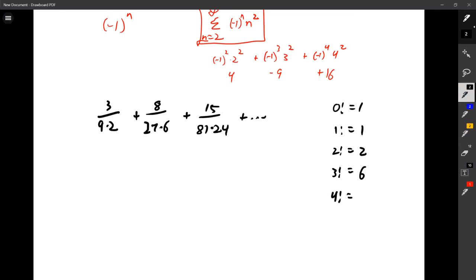Well, 4 times 3 is 12, times 2 is 24. 5 factorial is 5 times 4 times 3 times 2. Let's see, 5 times 4 is 20, times 3 times 2. 3 times 2 is 6, so 20 times 6 is 120. And then we do that times another 6, and we get 6 factorial is 720.